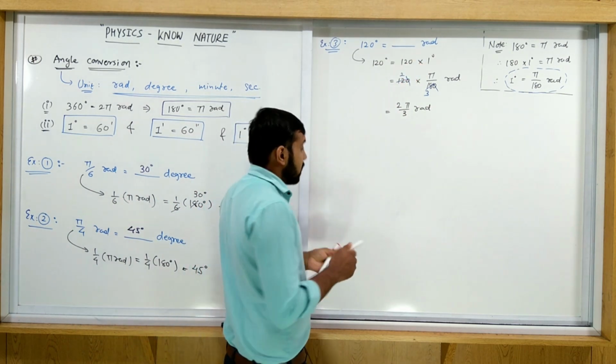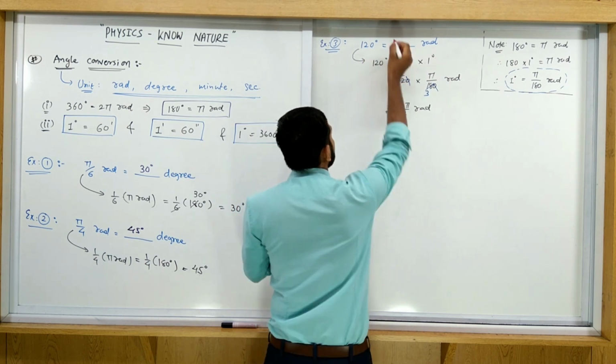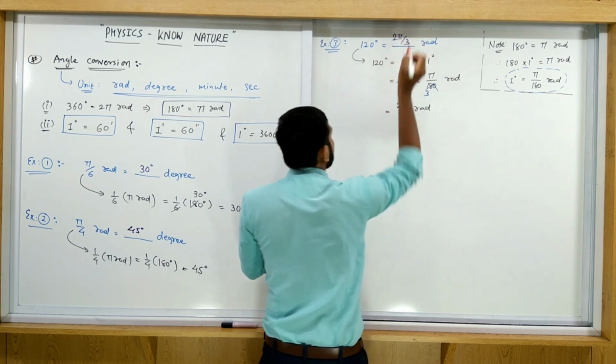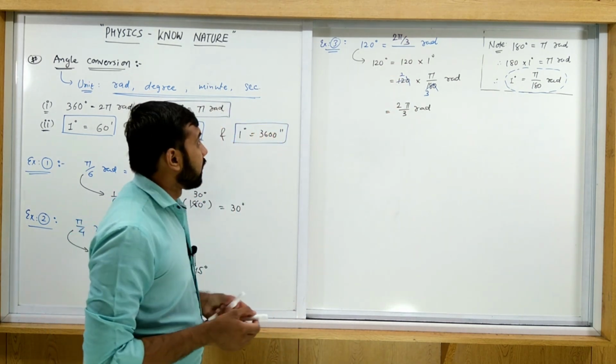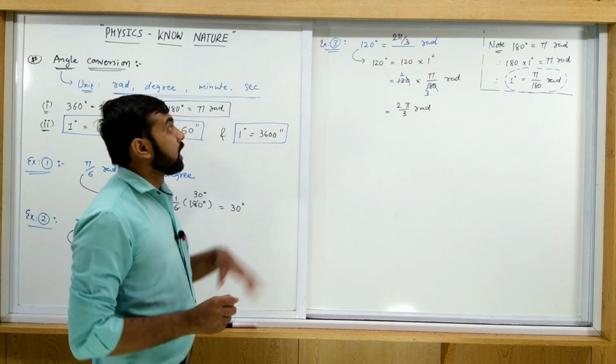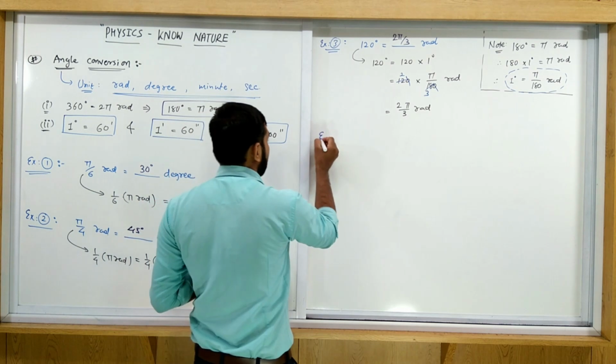So finally our answer is: 120 degree is equal to 2 pi by 3 radian. Clear? I hope now you understand very well how to solve this example. Now try to solve the next example by yourself. Example number 4.